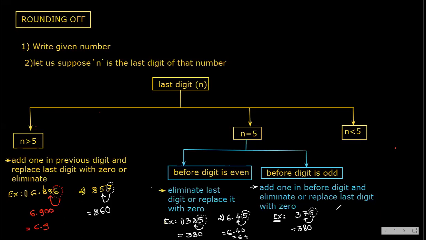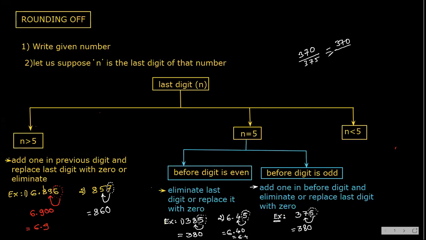Sir, why do we have to make it even? This is what the rules say. We make it even because for rounding off, it is easier for calculation. Suppose 370 divided by something like 375. How will we do this? 375 division is a little bit difficult in some numbers.